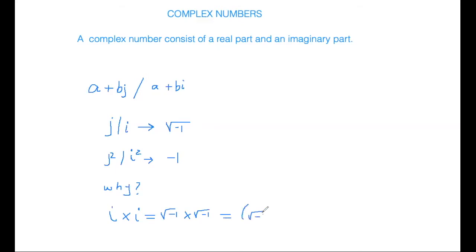So that means root negative 1 times root negative 1 is root negative 1 all square. And then the square root cancels the square, so that is how we arrive at i square being negative 1.